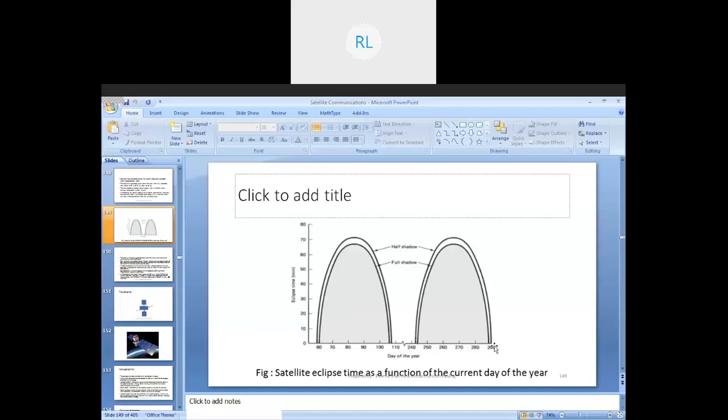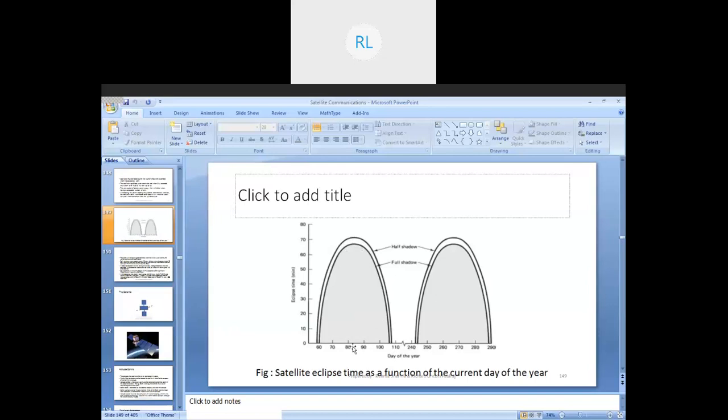Full shadow is the inner one and half shadow is the outer one. At 2 points of time in a year this happens, from about day 60 to about 105, close to 110, then about 245 to about 290. So these are the satellite eclipse times as a function of the current day of the year.